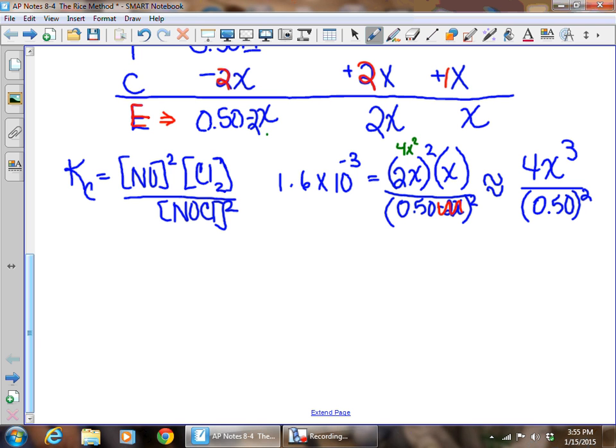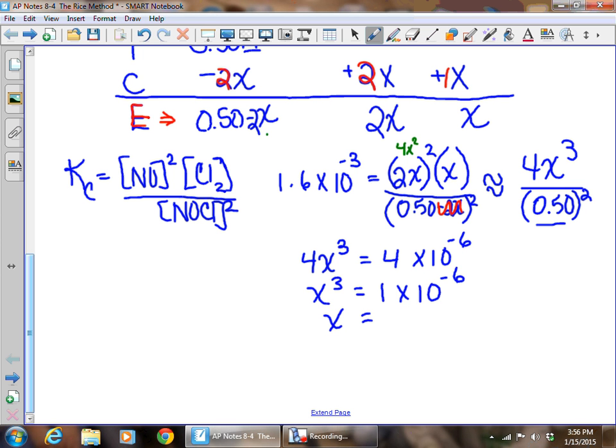When I solve this, I end up with 4x cubed being equal to 1.6 times 10 to the negative third multiplied by this 0.50 squared. And when I do, I get 4 times 10 to the negative sixth. And I get that x cubed is 1 times 10 to the negative sixth. x is 1 times 10 to the negative second.